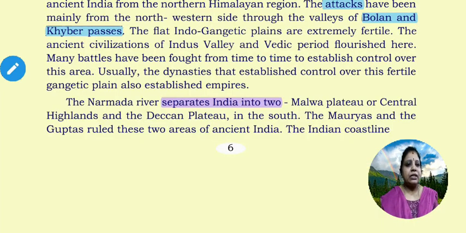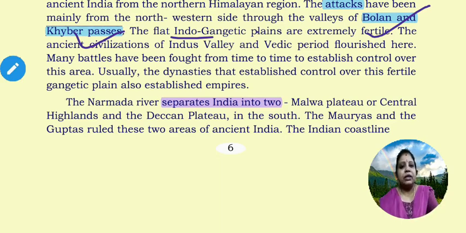As we discussed in the last class, the four important physical features of India: the Himalaya located in the north, the Indo-Gangetic Plain, the coastal regions, and the Deccan Plateau, and the important Khyber and Bolan passes, which we find in the northwestern part of India.